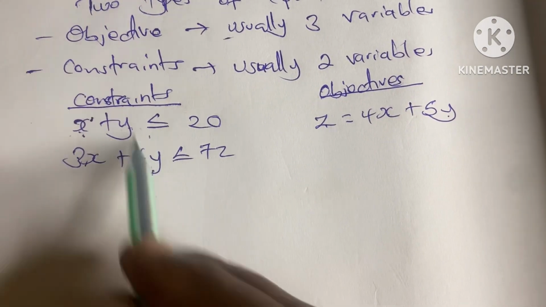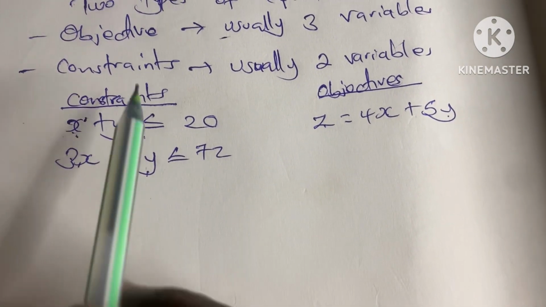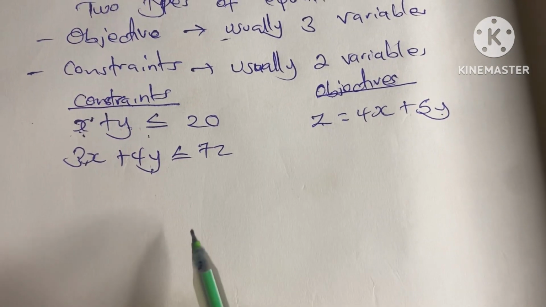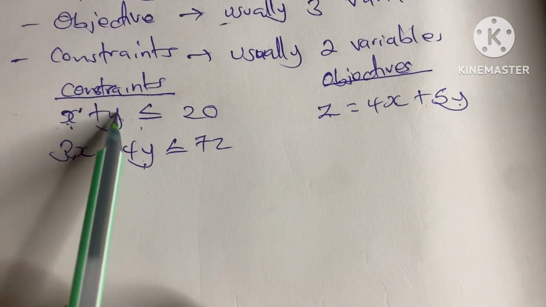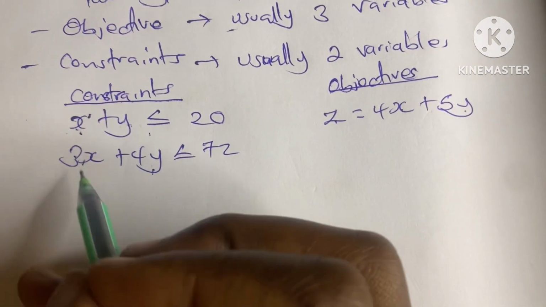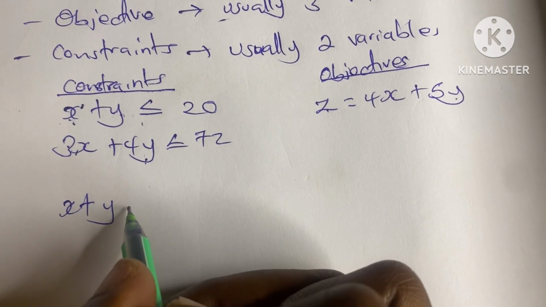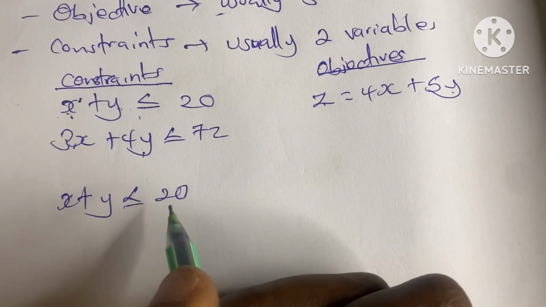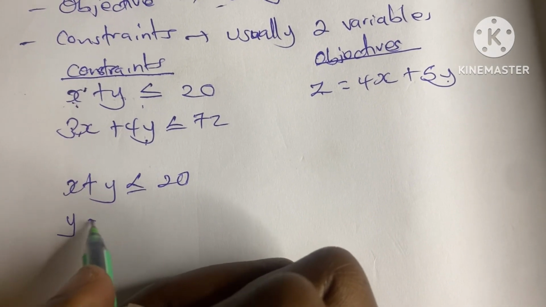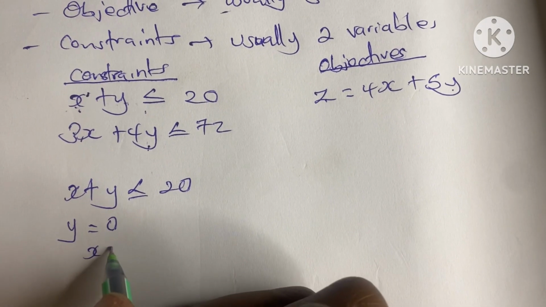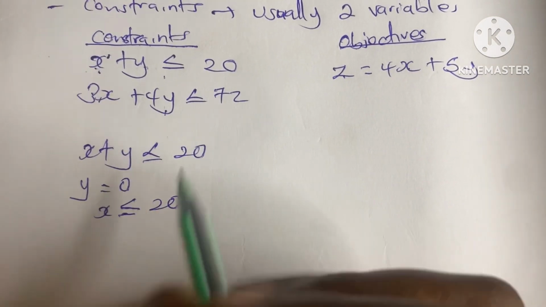So how do we plot these inequalities on the graph? We are supposed to come up with points. So for the first equation, x plus y less than or equal to 20. When y is 0, x is going to be less than or equal to 20.